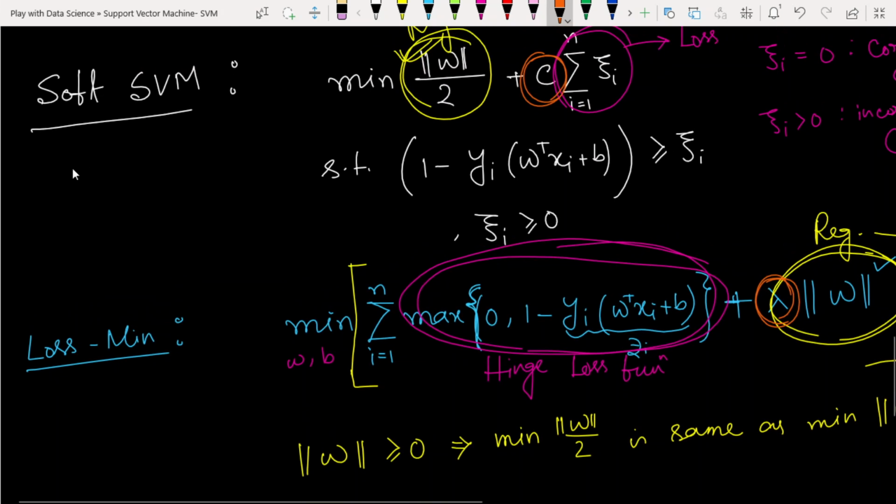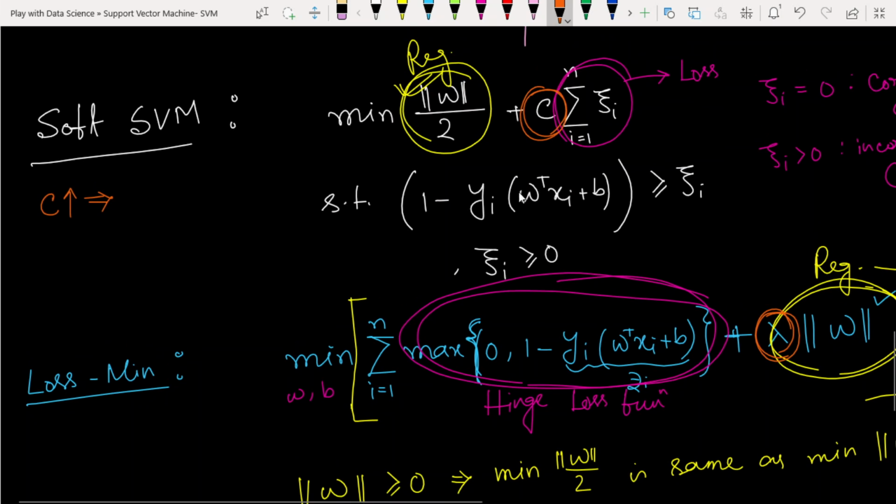If we look at the C parameter in the soft margin SVM, how will C work? If we increase the value of C, we give priority to minimizing this error, this loss value.